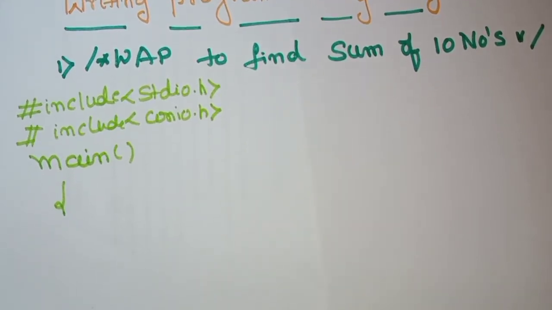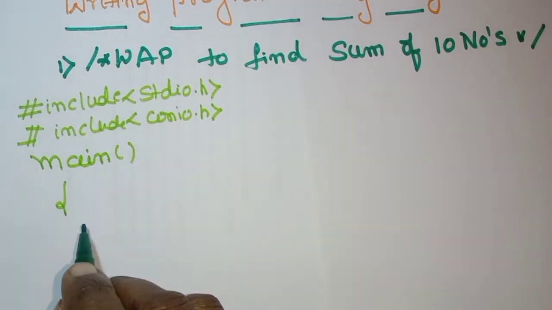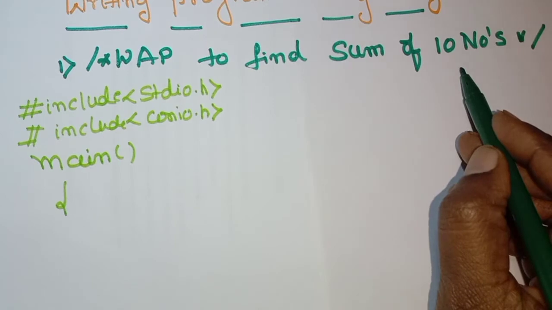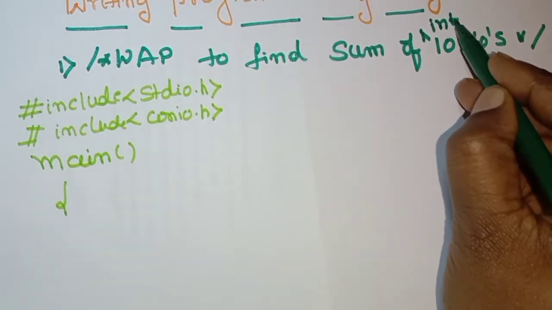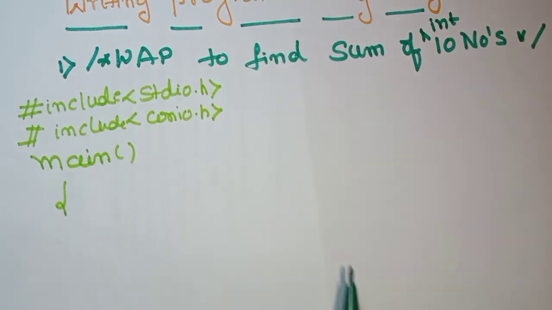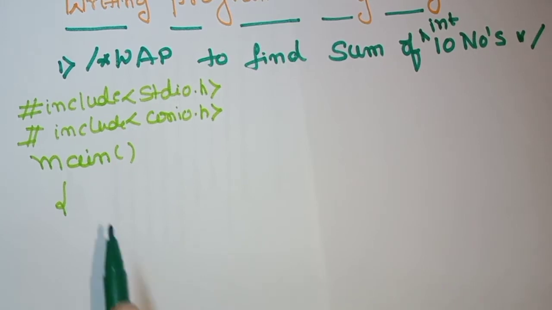Afterwards we first have the declaration part. How to declare, and the sum of which numbers we have to give. If it is not given in the program, you can take any one, but if it is mentioned in the program, you have to write whether it is integer or float.